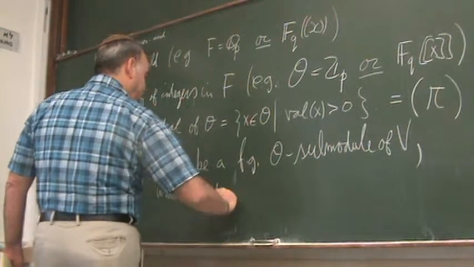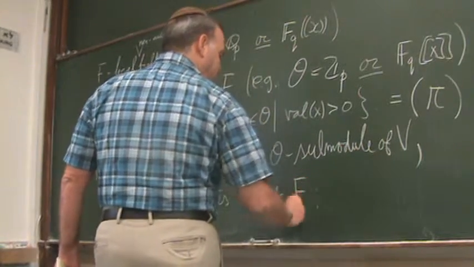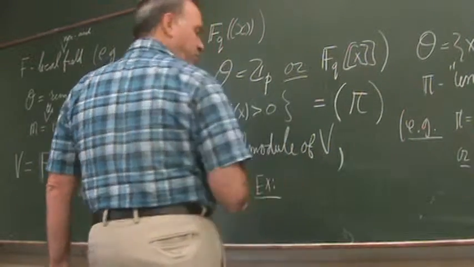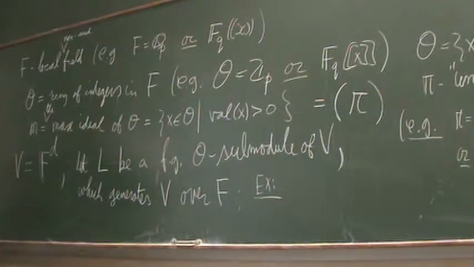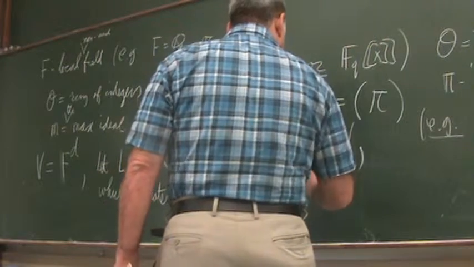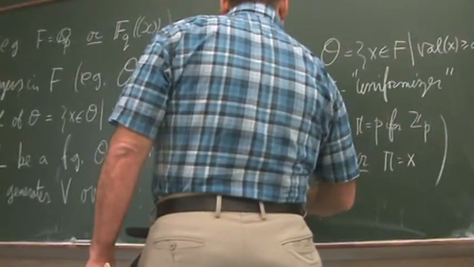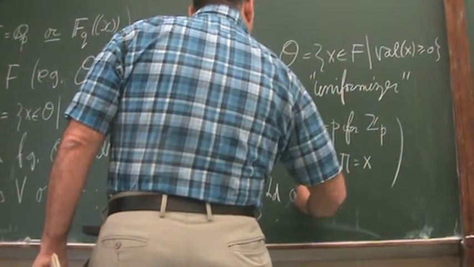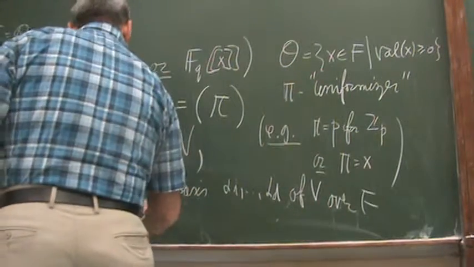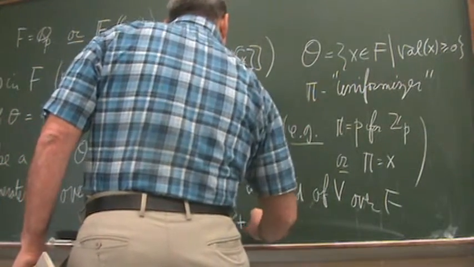which spans V over F. If we think about it over F, it contains a basis. And I don't know if you proved it or you left it as an exercise. If you didn't prove it, I will leave it as an exercise: that for such a module there exists a basis alpha 1 up to alpha d of V over F, such that L is exactly the O module spanned by this basis.